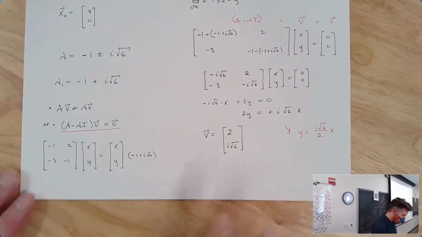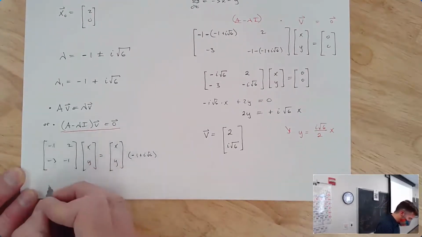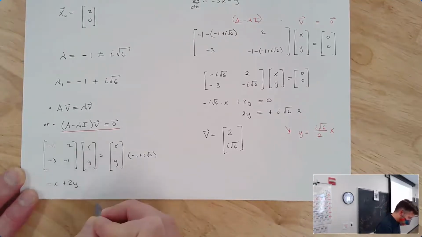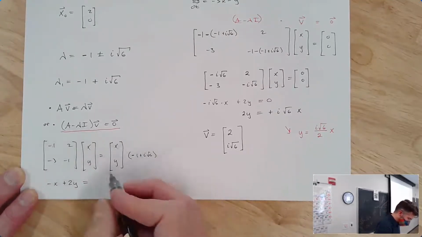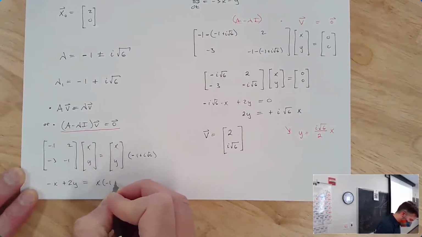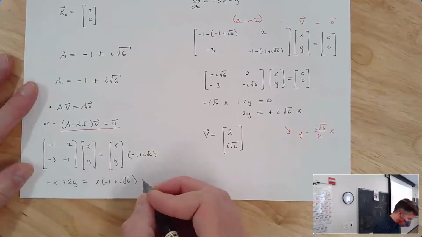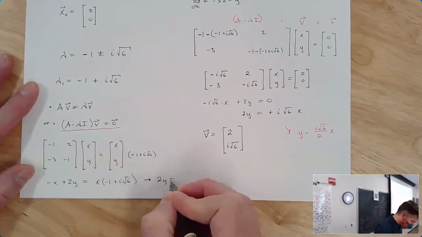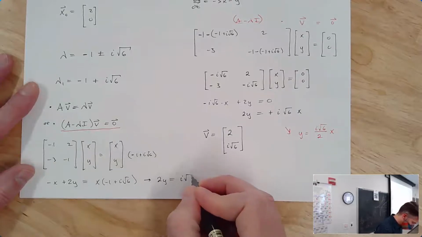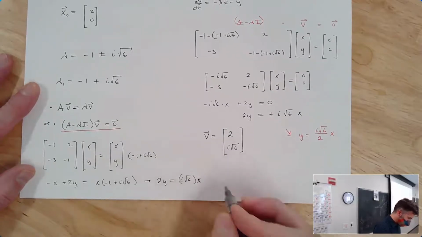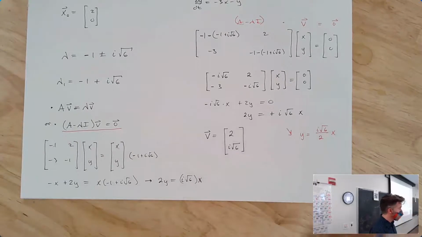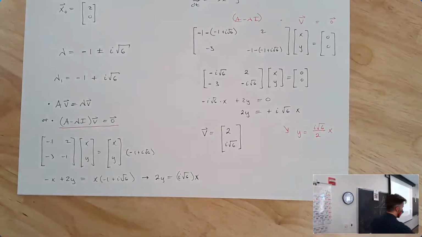If we do the first row again, I get -1 times x plus 2 times y equals x times the eigenvalue. Hopefully you can see that this is just the same equation, because I have a -x here and a -x there. Those cancel out and I end up with 2y equal to x times i root 6. That's the same equation I have right there. So they really do result in the same thing. I'll give you a moment to look at that.